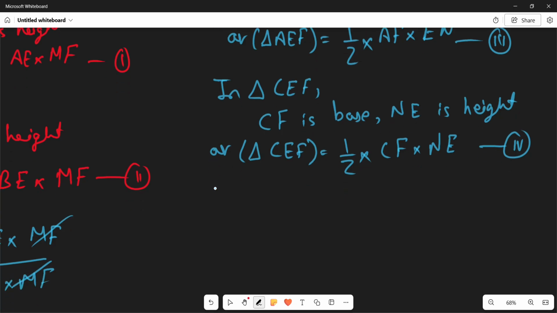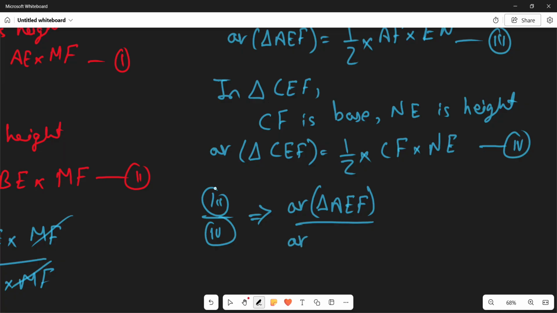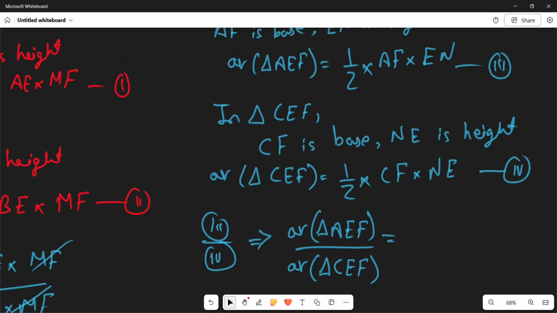Now let's make the ratio third divided by fourth. It becomes area of triangle AEF upon area of triangle CEF equals, again the same things will get cancelled, so half and half will get cancelled and NE and EN will get cancelled.